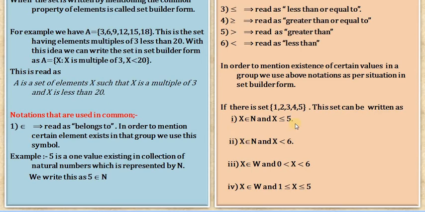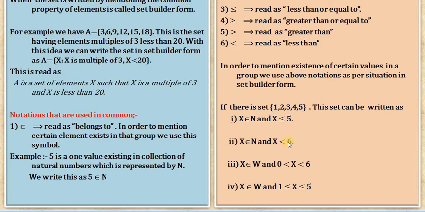Now in the second form, the same set is written in another form. See here, x belongs to N and x less than 6. So in the first case you write x less than or equal to 5, and here x less than 6. These two give the same idea but in a different form of writing.